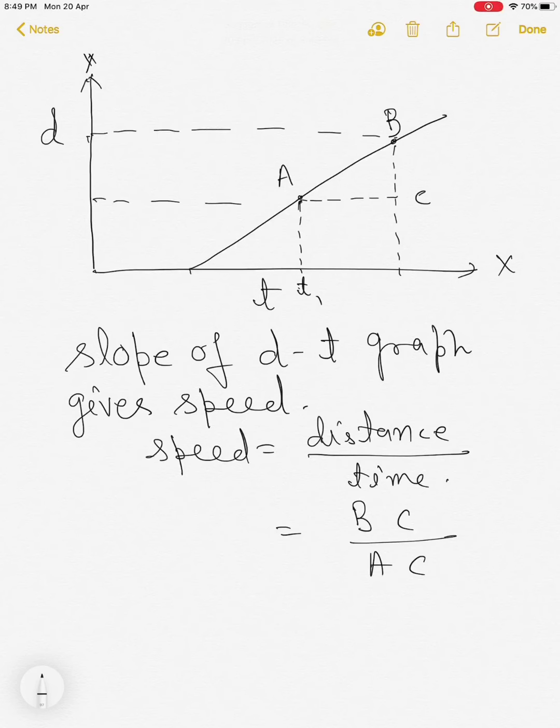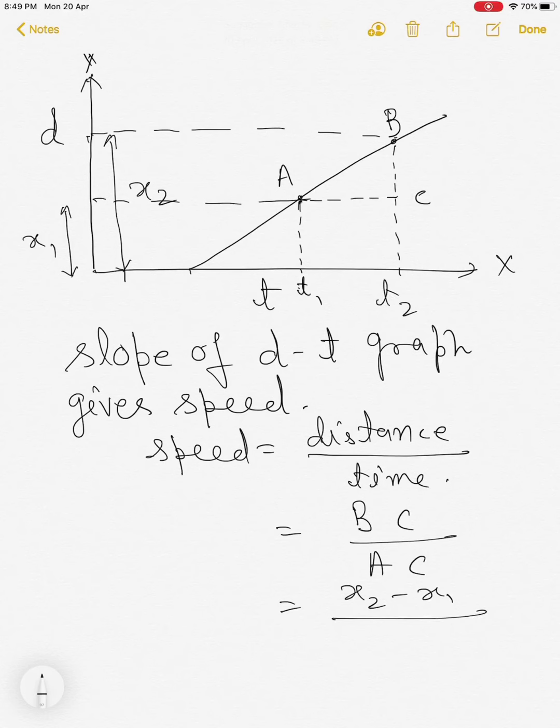To find BC, BC is x2 minus x1 and T is equal to T2 minus T1.